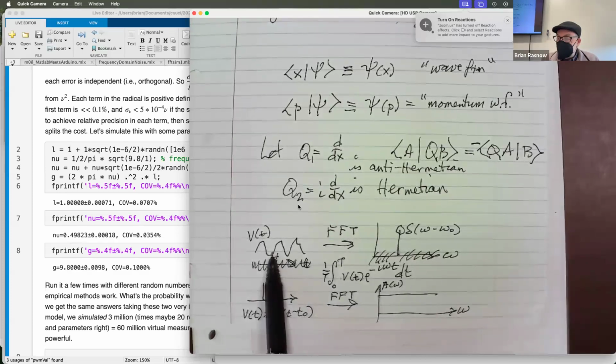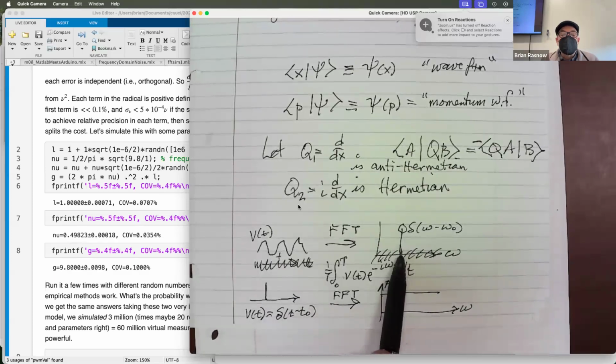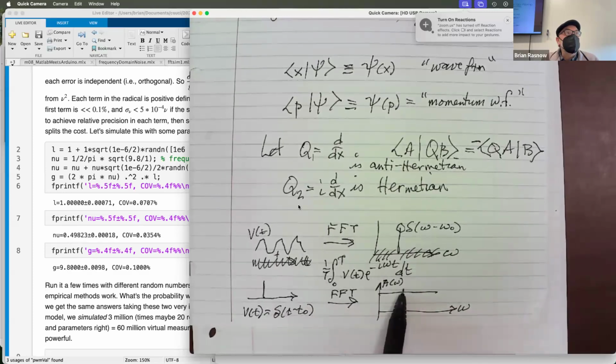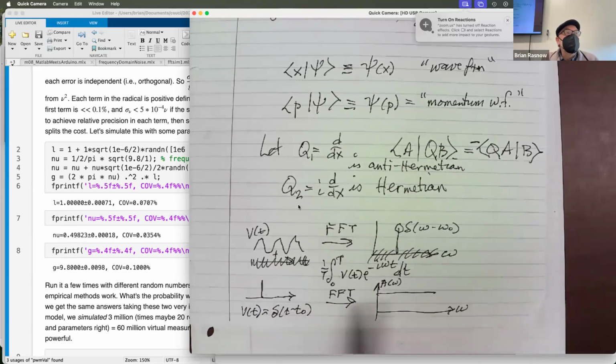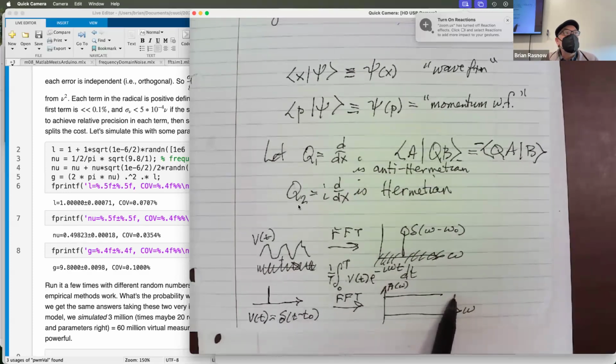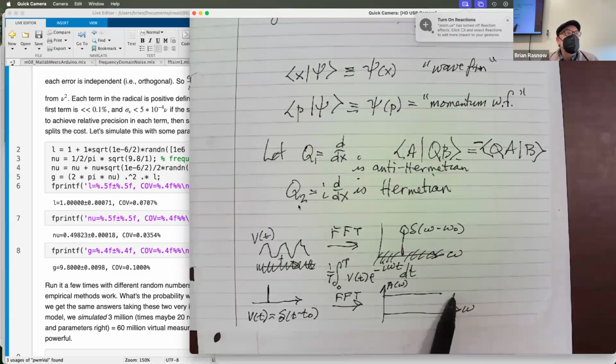In momentum space, it's got a discrete momentum. This thing is well localized, but in momentum space it's got total uncertainty in momentum. It's got all values of momentum. By localizing the particle here, I've given it all values of momentum.